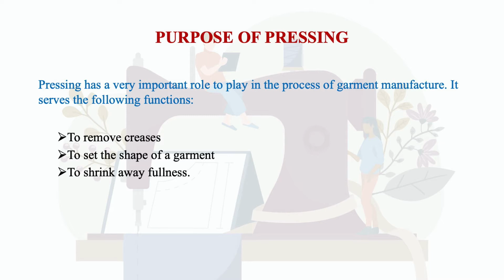When the garment is constructed after stitching, it needs to be set in a proper shape, so we do the pressing process. Then, to shrink away the fullness, if fullness is there in the garment or in the fabric, we use this technique. It is also used to give a neat, smooth and clean appearance. And without pressing, the garment looks unfinished.